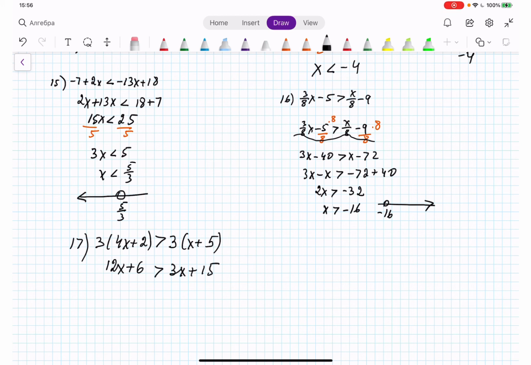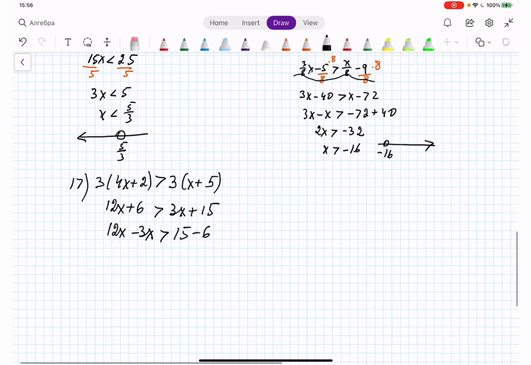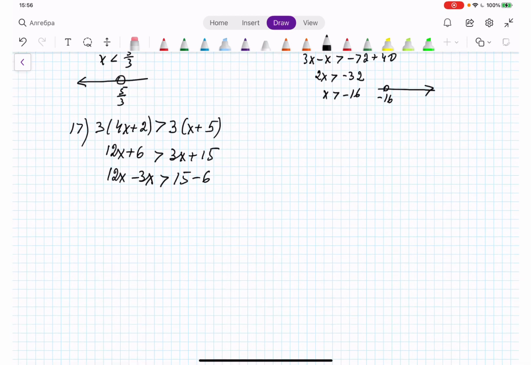So let's solve it. 12x minus 3x greater than 15 minus 6. Okay, so we are getting 9x greater than 9 and x is greater than 1. So the graph is going to look like this is 1 and x is greater than 1.